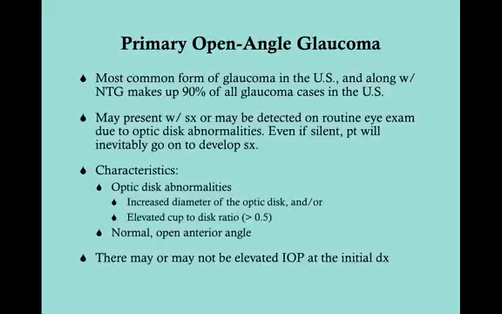They don't even have elevated intraocular pressure at the initial diagnosis. If they're not treated, however, they will eventually go on to develop elevated intraocular pressure and symptoms. So it is perfectly possible for a patient with primary open angle glaucoma to present solely with optic disc abnormalities, and this is exactly the dilemma that causes it not to be diagnosed until it's too late. And by too late, I mean irreversible visual damage.